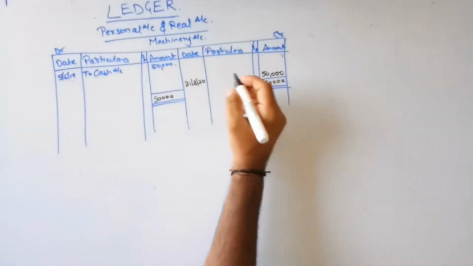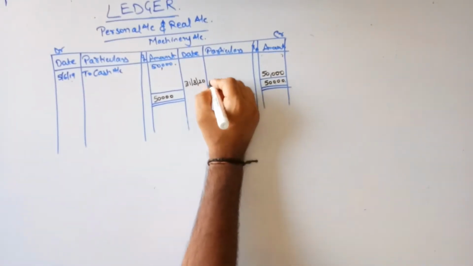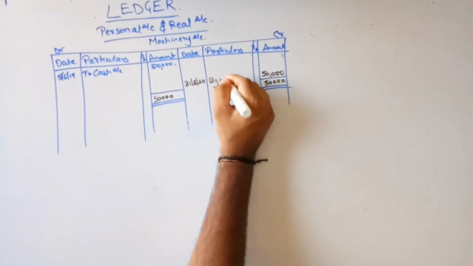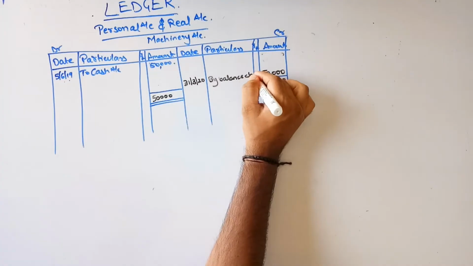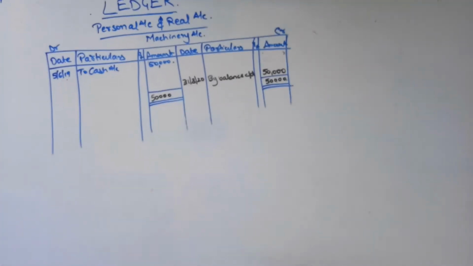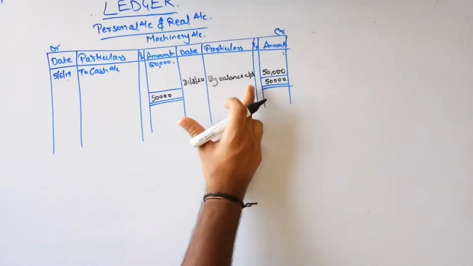So here you write by balance carried down. CD means carried down. By balance carried down 50,000.